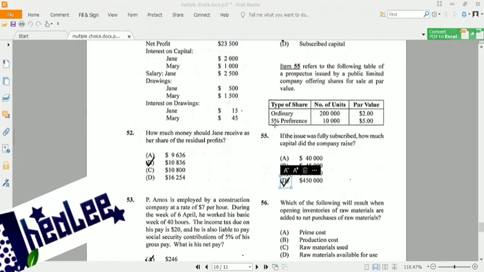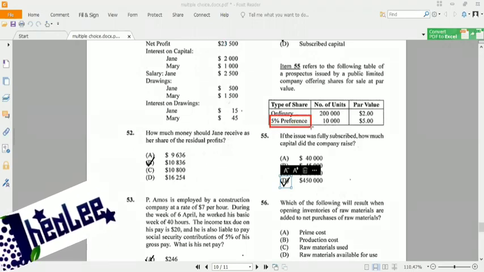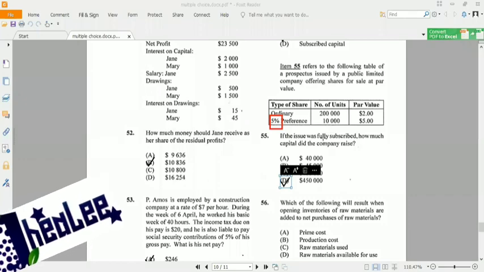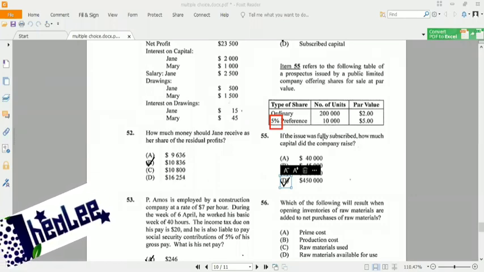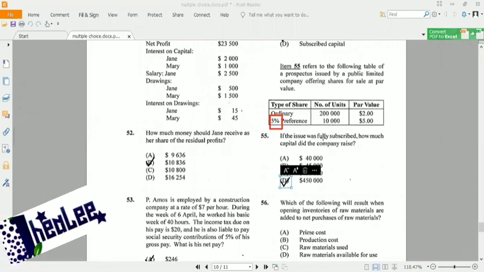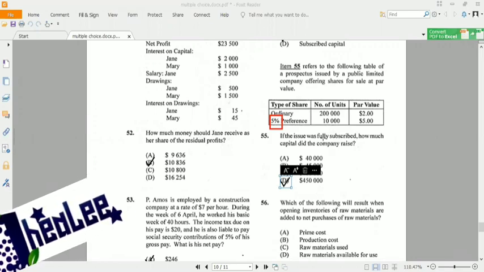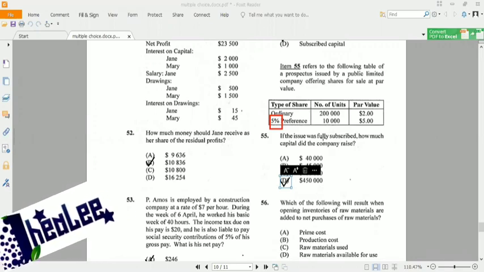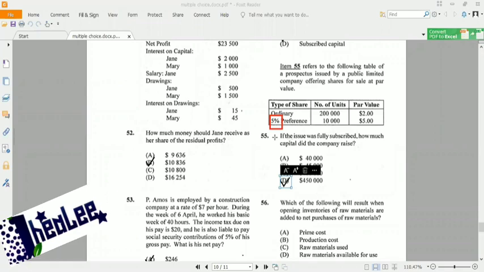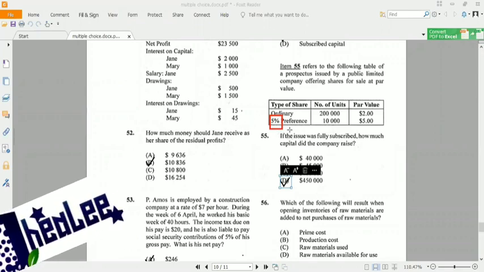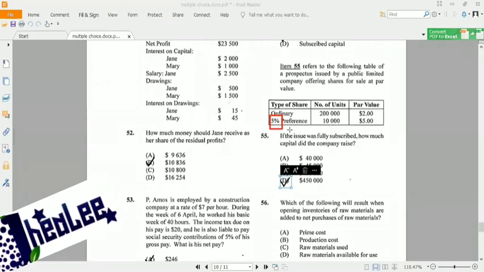Now, before I go any further, we say 5% preference share. What does this 5% represent? What's the meaning of the 5% attached to the preference shares right here? I see Tanika has it there in the chat, I see Smith with it. The 5% represents the rate to be paid out as dividend to the preference shareholders.